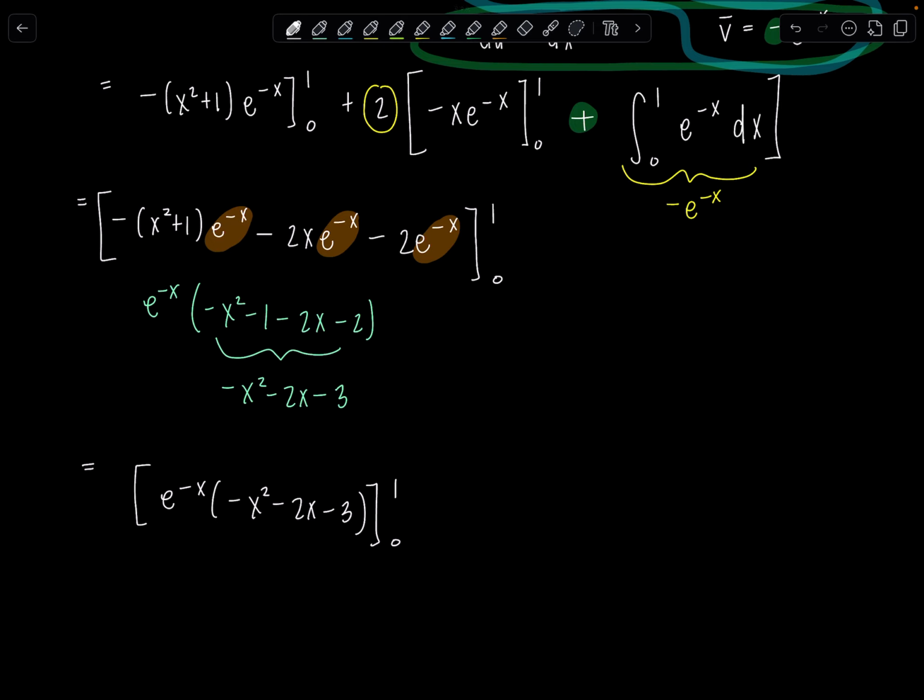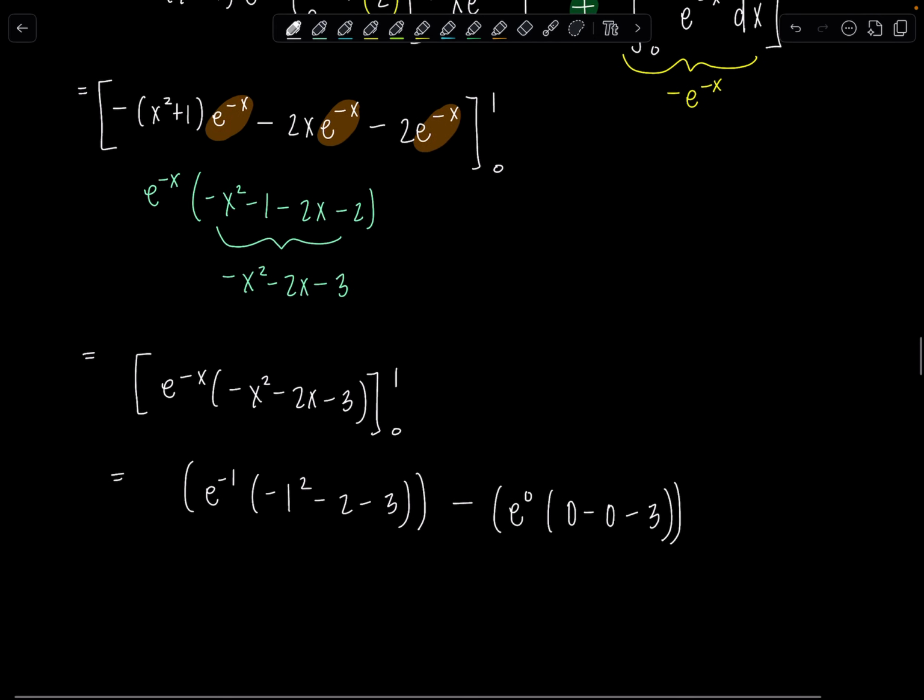So upper limit first, e to the negative first times negative 1 squared minus 2 minus 3, minus lower limit, e to the 0, 0 minus 3. What's this? Negative 1 minus 2 minus 3, negative 6.